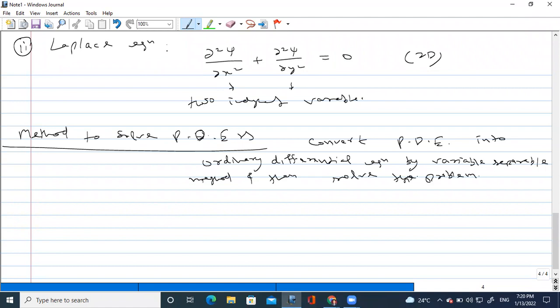Okay, ordinary differential equation, first order, second order, both we have done. So you have to convert partial differential equation into ordinary differential equation, so we have to learn how to convert. That is the main thing.